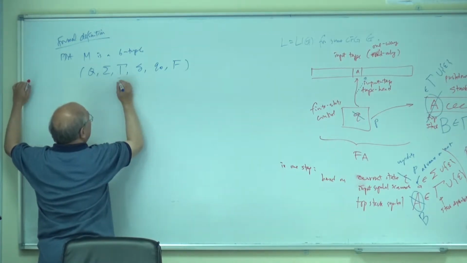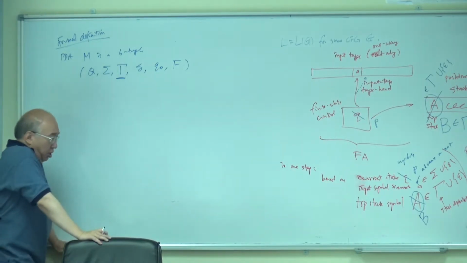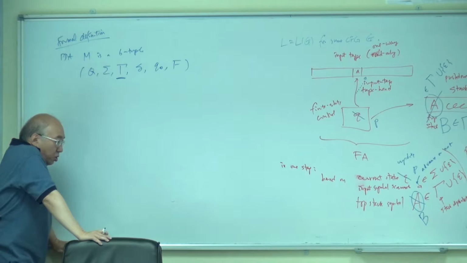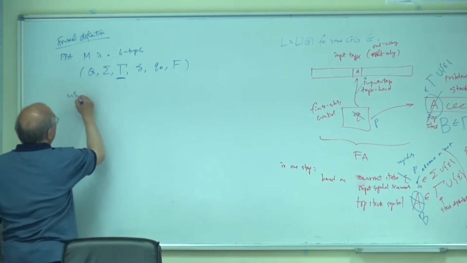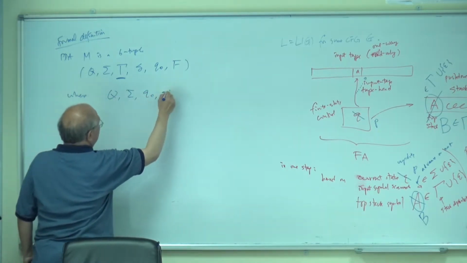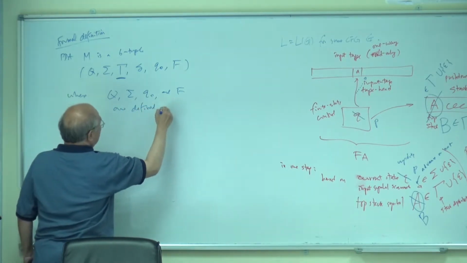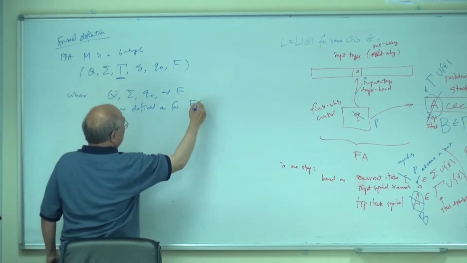this is the gamma here, right? It is the stack symbols. Okay, so Q, sigma, Q0, and F are defined as for the NFA, right?